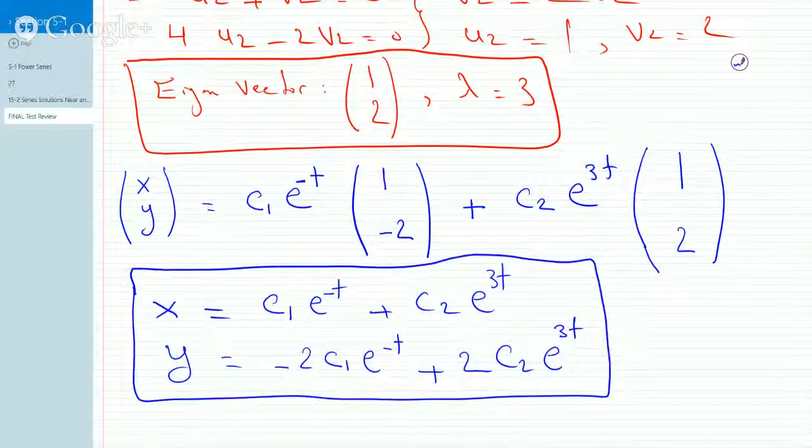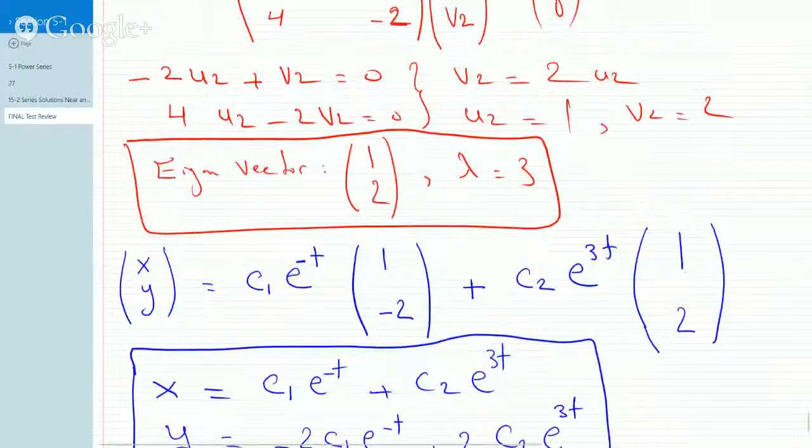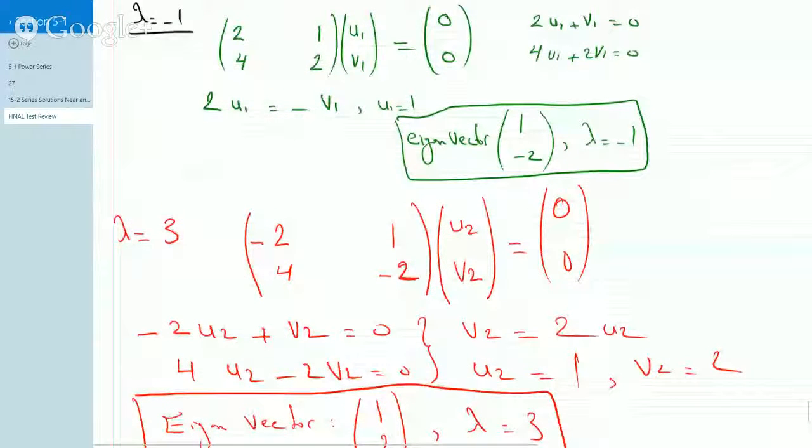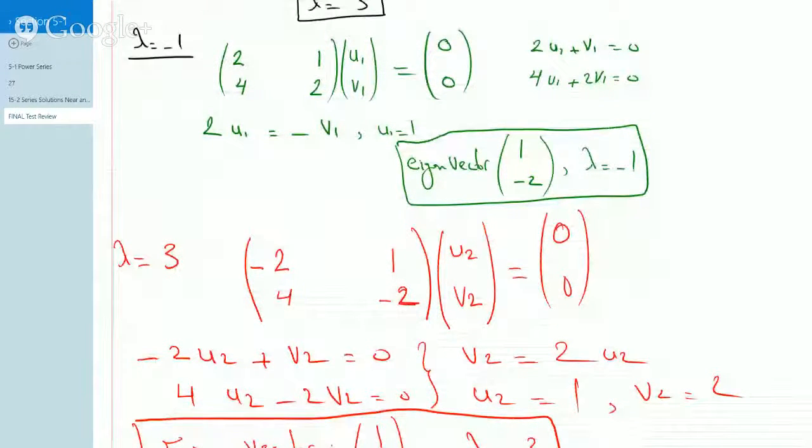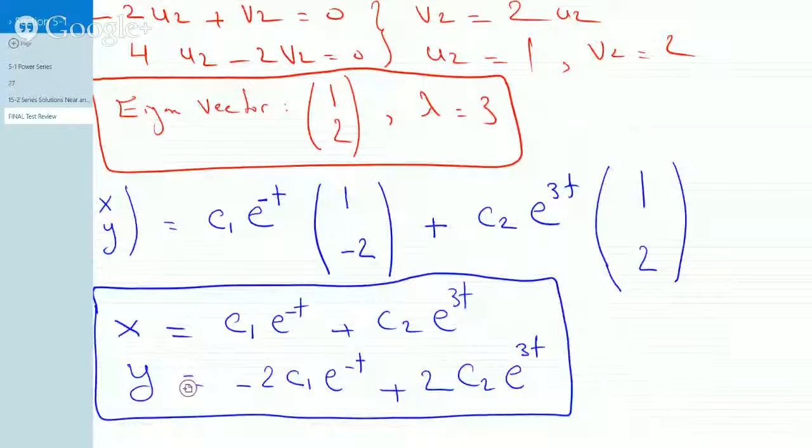Keep in mind that those eigenvectors that I found are not unique, because you could have chosen something other than 1 for u1. You could have said, I'm going to let u1 equal 17.7. And then v1 will be minus 2 times 17.7. And here, for eigenvector number 2, I assigned u2 to be 1.